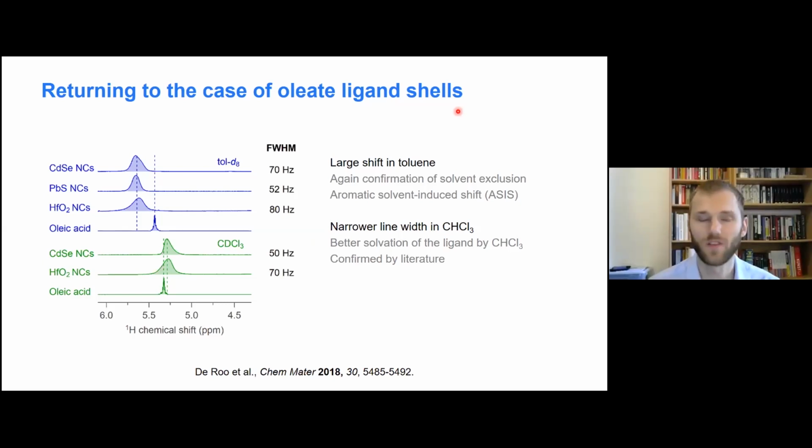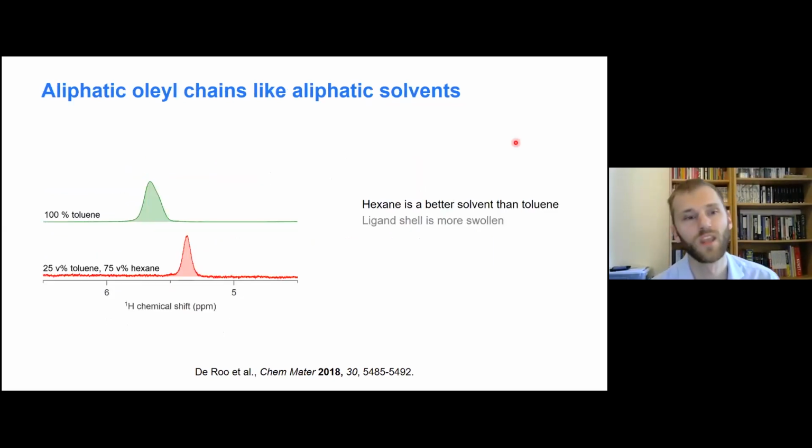That is a very, very interesting question that I don't know the full answer to. What I do know is that, let's go to this slide, it's actually better, it has to do something with solvation. Because in toluene, this peak is asymmetric, and as soon as we add hexane, the peak becomes fully, perfectly symmetric. So it has to do with the solvation. Can it be that there is a difference in facets?